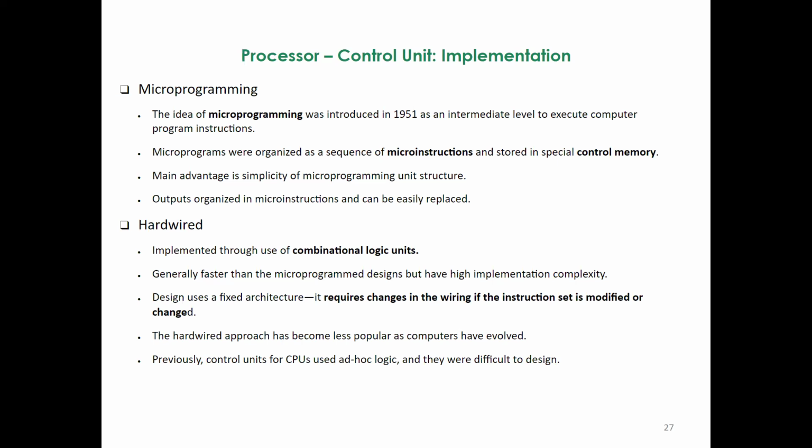But the one which is mostly used is microprogramming. It's easier and it's cheaper. The only thing you want to do as the vendor of the processor is to make sure that no one has access to the microprogram, or it cannot be changed.